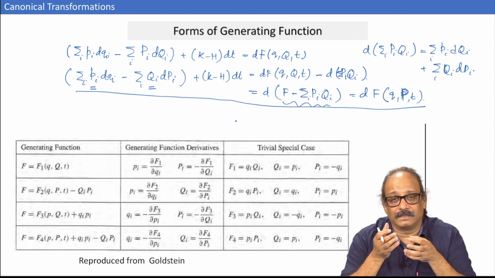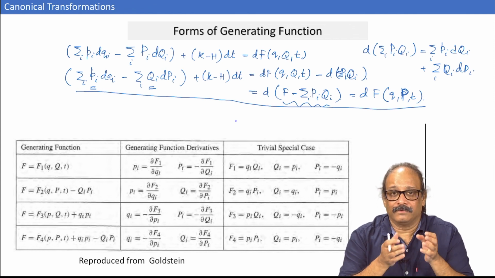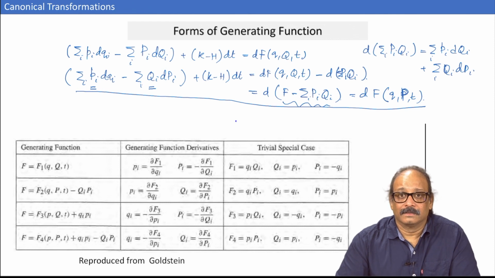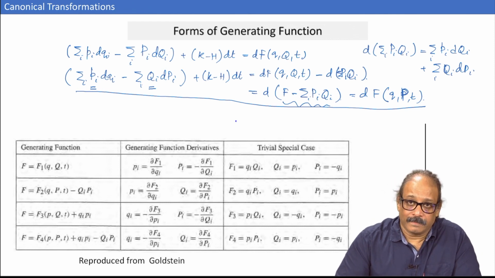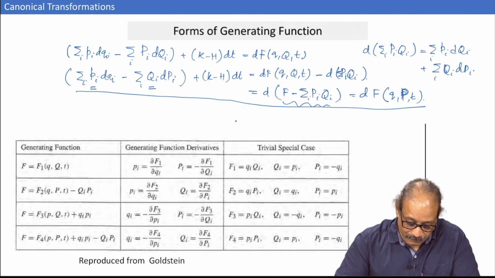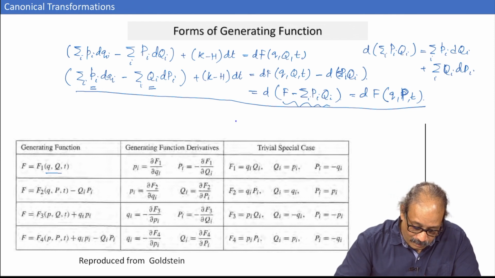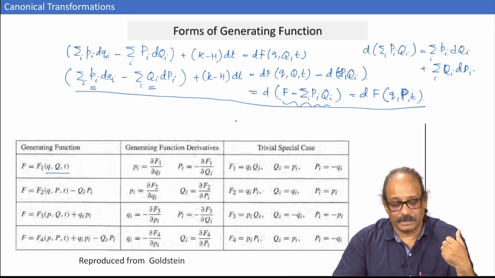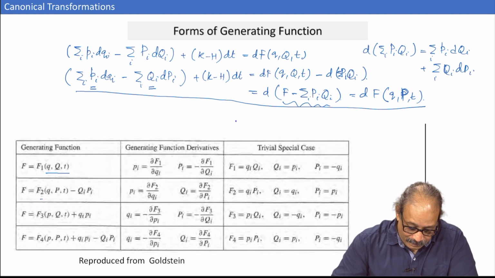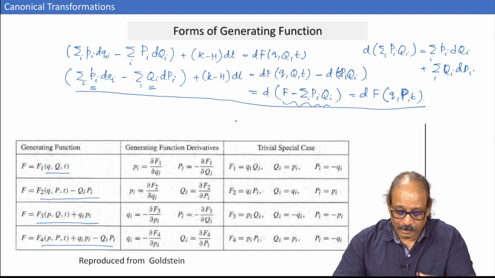So, there are actually many different ways in which you can write the generating function and then generate the entire canonical transformation. I will list out these main 4 ones, which are in the form of small q, capital Q and t, which we discussed earlier. This is the one which we just now wrote down, or this one or this one.